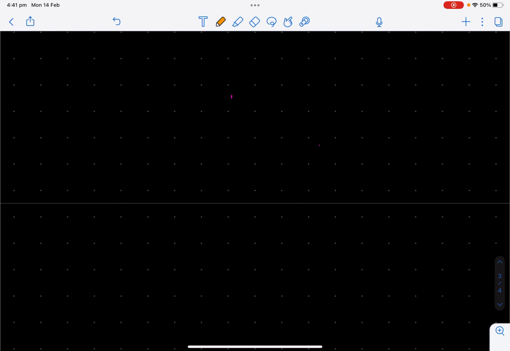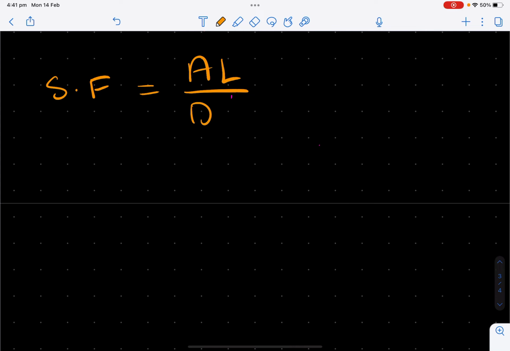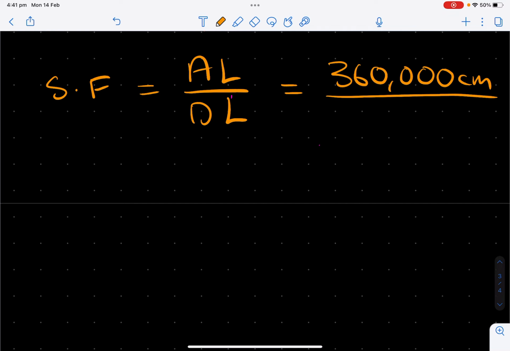Just recapping, it was scale factor equals actual length divided by drawn length. Our actual length is 360,000 centimeters, so that's the actual length of Uluru. And our drawn length is 36 centimeters of Uluru on our map. I always want you to do a logic check, so let's check this is right.